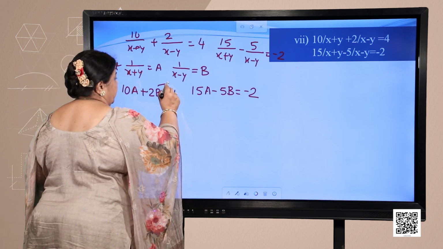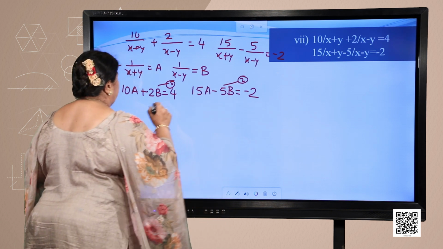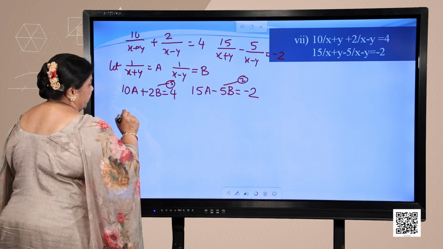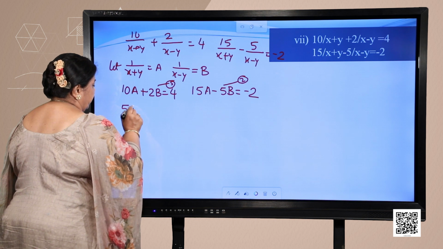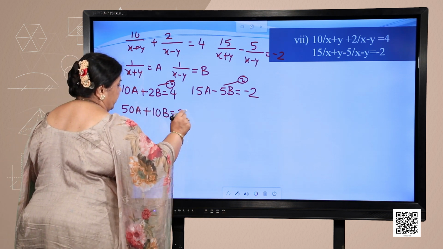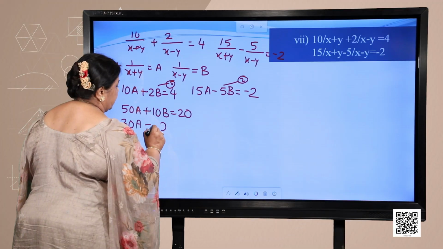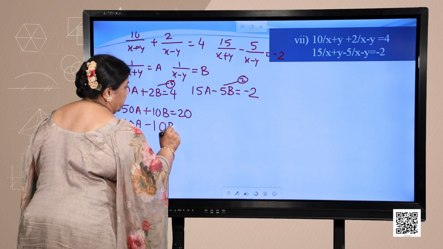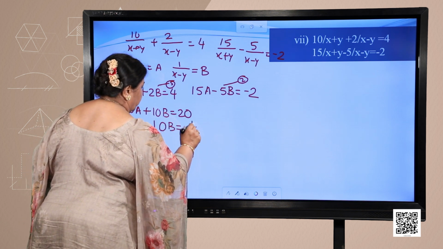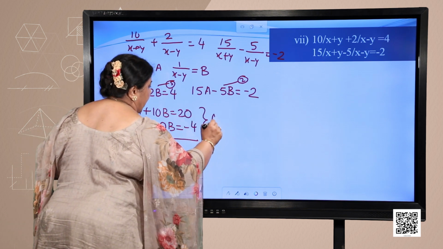So, multiplying this by 5 and this by 2, we have 5 tens are 50a plus 10b is equal to 20 and 30a minus 10b is equal to minus 4. Opposite signs, so we are going to add them.